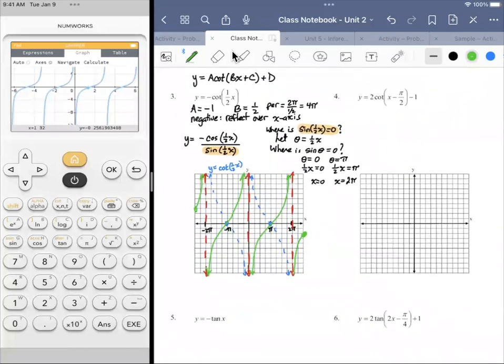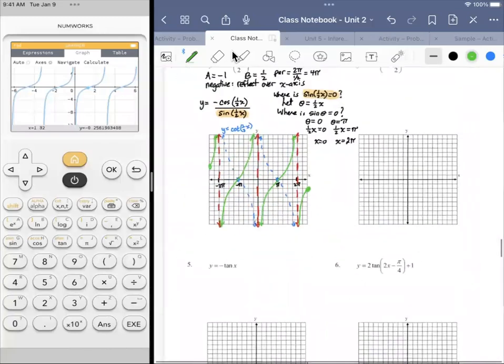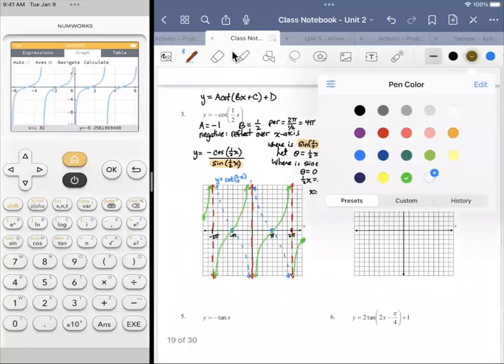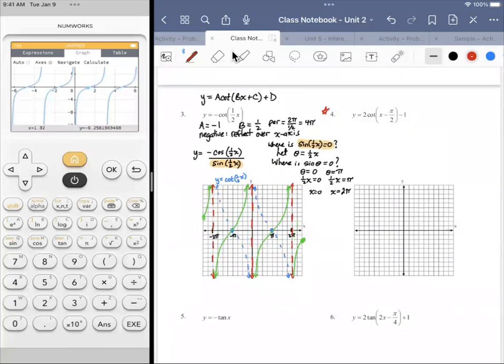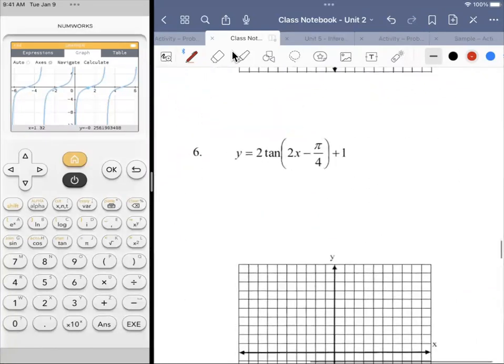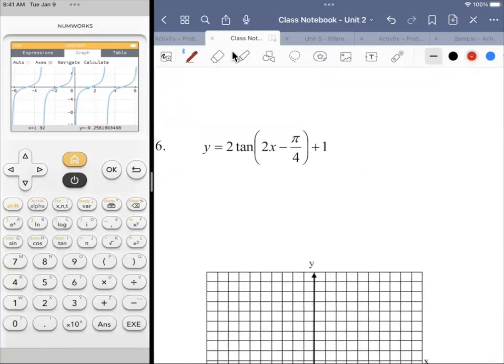All right. Let me do a tangent with all the bells and whistles. So number 6, I'm going to put stars on 4 and 5. And we'll come back to those next class. All right, so this has got all the good stuff. Again, I care where this function is going to be undefined.